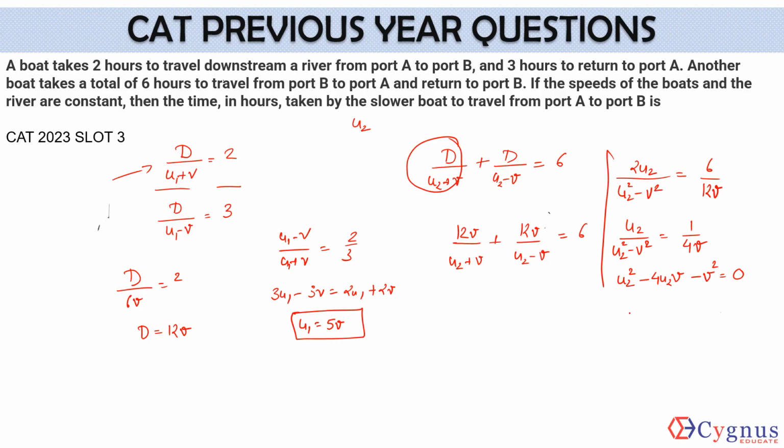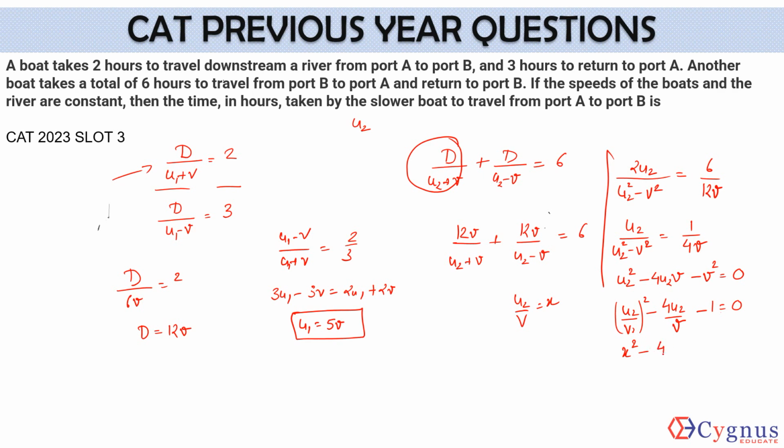Now let's divide the whole equation by V square. When you divide the whole equation by V square, it becomes U2 by V whole square minus 4 times U2 by V minus 1 equal to 0. And let's take this U2 by V equal to X. So you'll get a quadratic equation here.